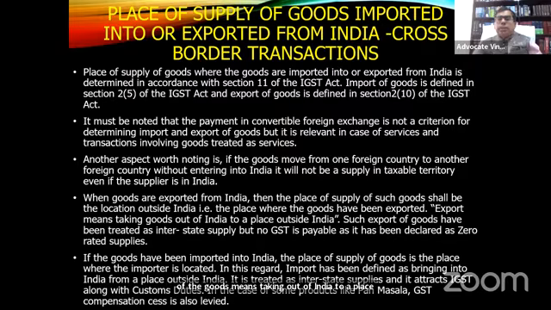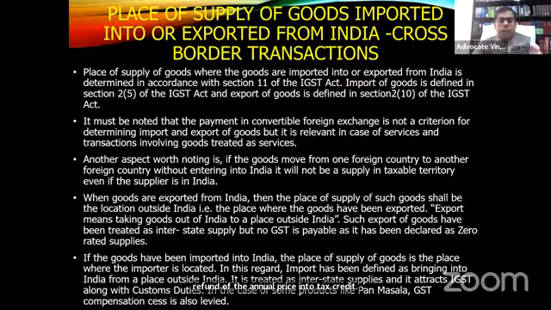So these transactions are considered an interstate supply. And one has a choice either to levy IGST and avail input tax credit, or pay no GST at all, claim input tax credit, and take the refund of the unutilized input tax credit.